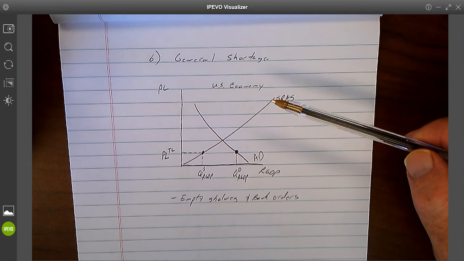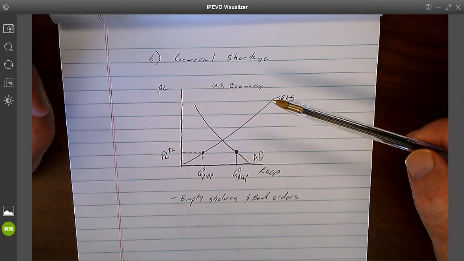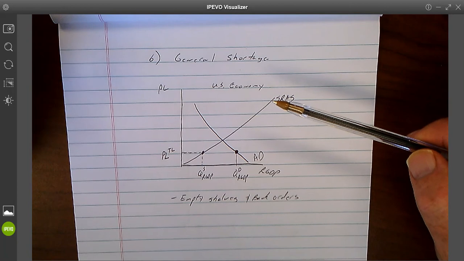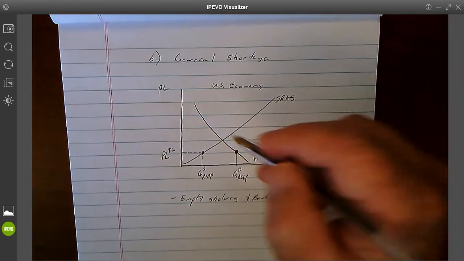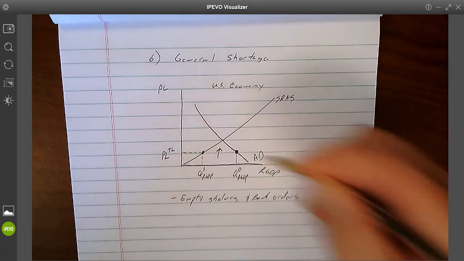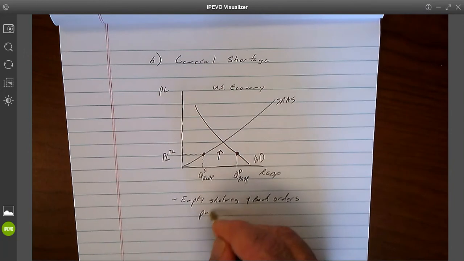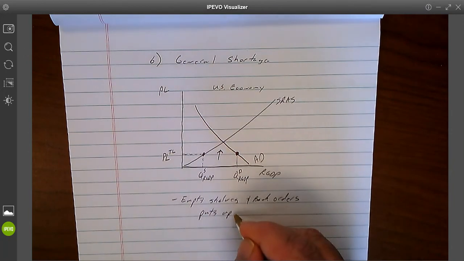If you can't figure this one out, you're not going to be in business very long. I could actually raise my price, not make my customers as angry, because I'd be willing to have more product in the store. Firms are going to take advantage of this when they can. So this puts upward pressure on price.